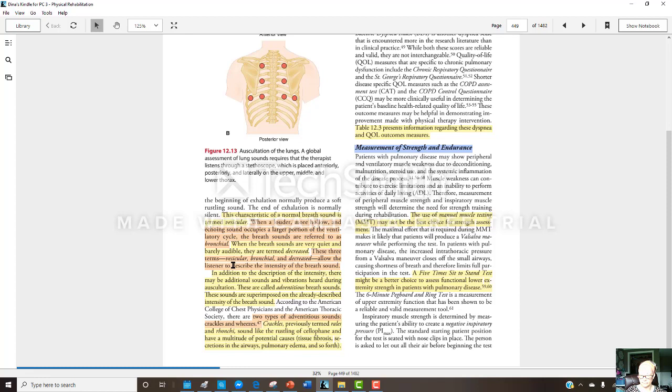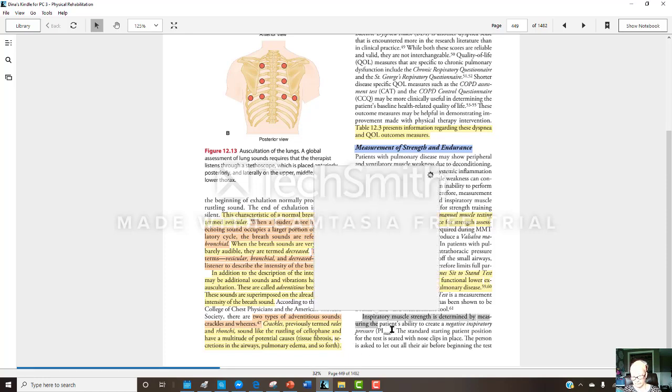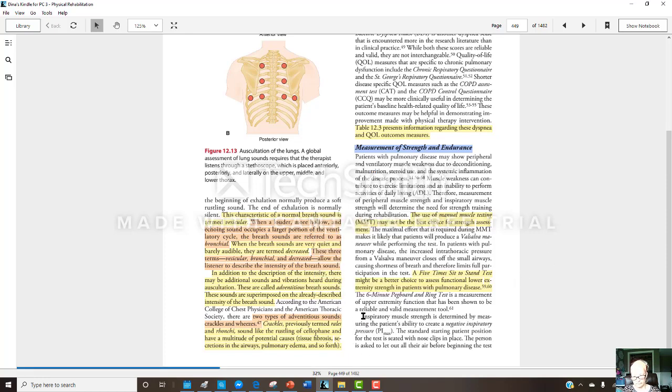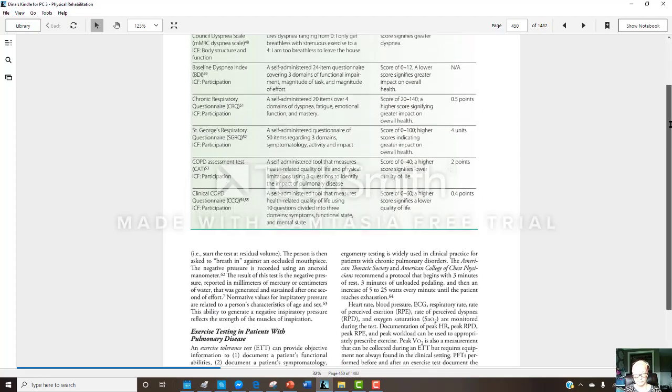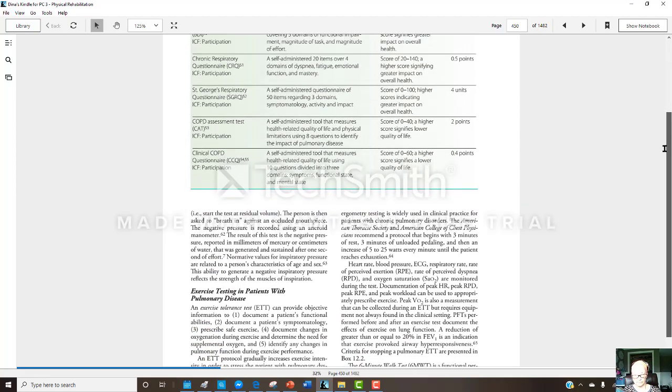Inspiratory muscle strength is determined by measuring the patient's ability to create a negative inspiratory pressure, PImax. The standard starting patient position for the test is seated with nose clips in place. The person is asked to let out all their air before beginning the test, i.e., start the test at residual volume. The person is then asked to breathe in against an occluded mouthpiece. The negative pressure is recorded using an aneroid manometer.